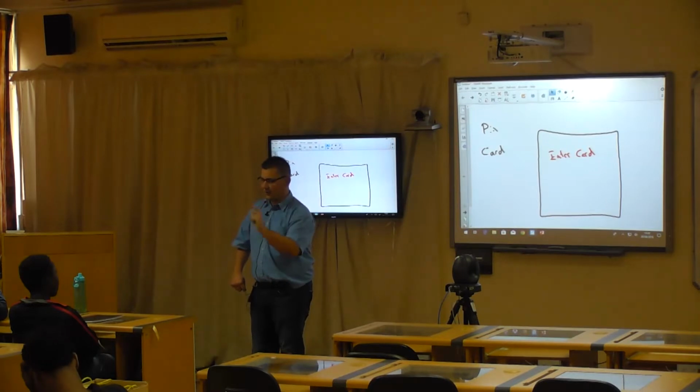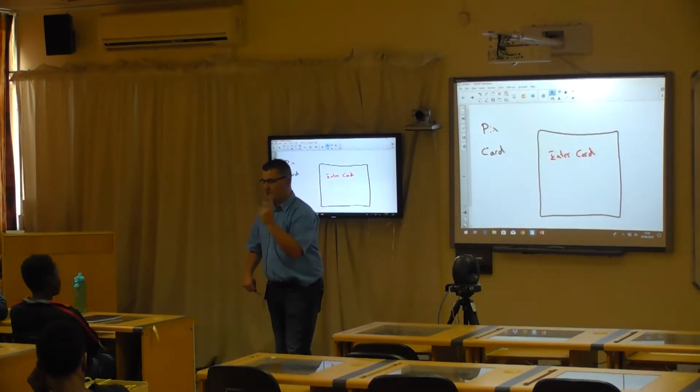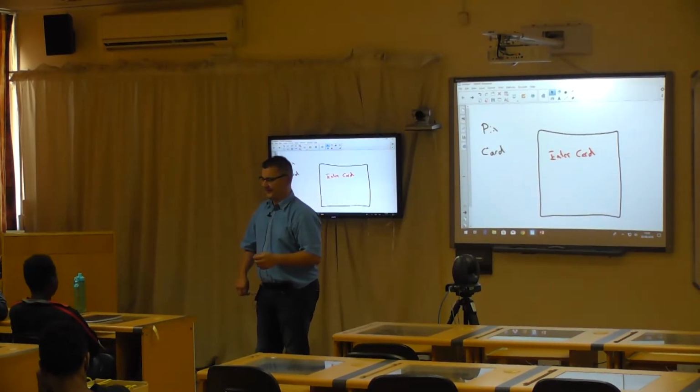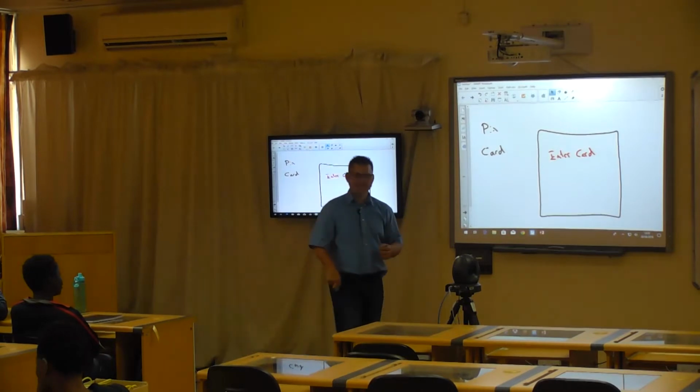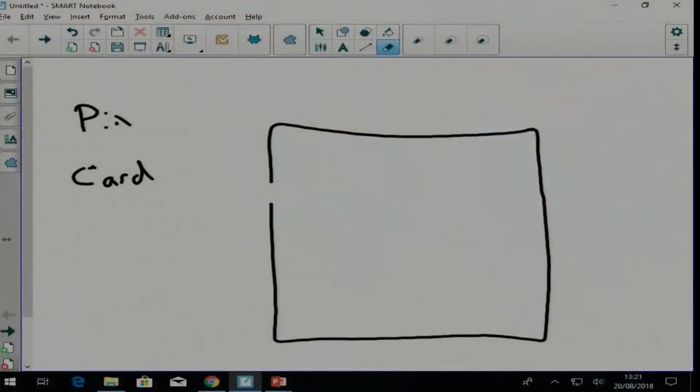It makes a check. Can we actually ask this person for the criteria? What happens if you put your card in the wrong way around? Can you put it in the wrong way around? It just returns it to you.